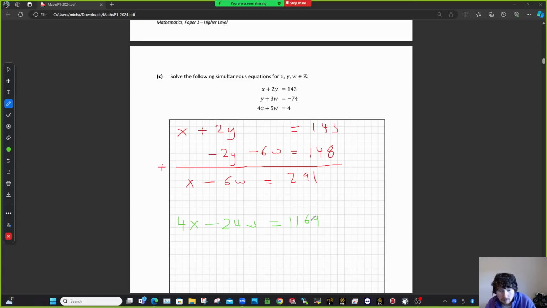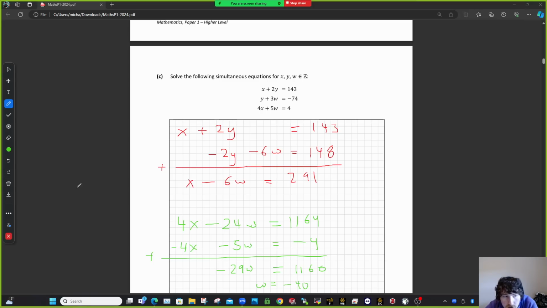Let's double check that. By 4, yeah. Then I multiplied this bottom one by minus 1. So that's minus 4x minus 5w equals minus 4. Draw a line underneath them, add them. Minus 29w equals 1160. Then w equals minus 40.